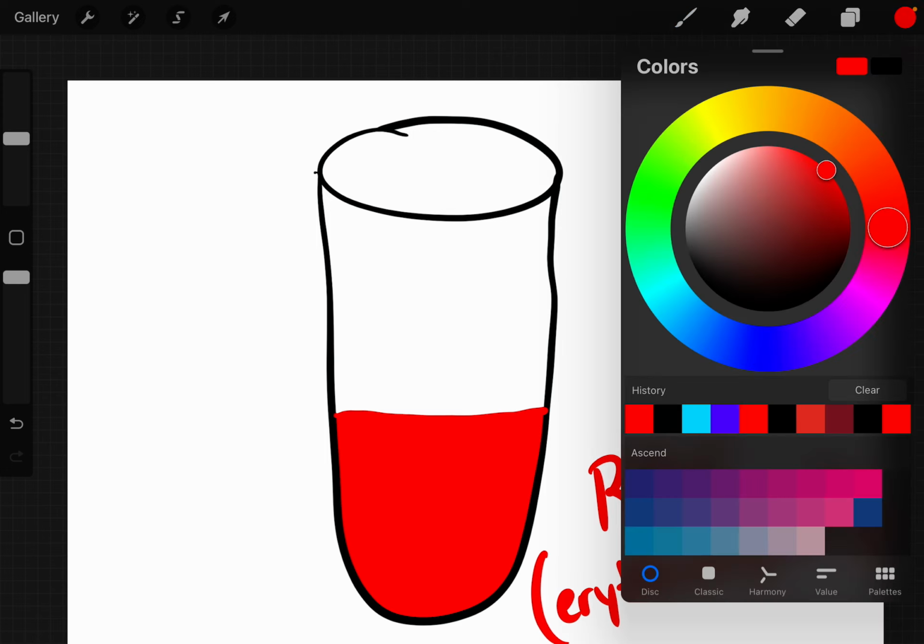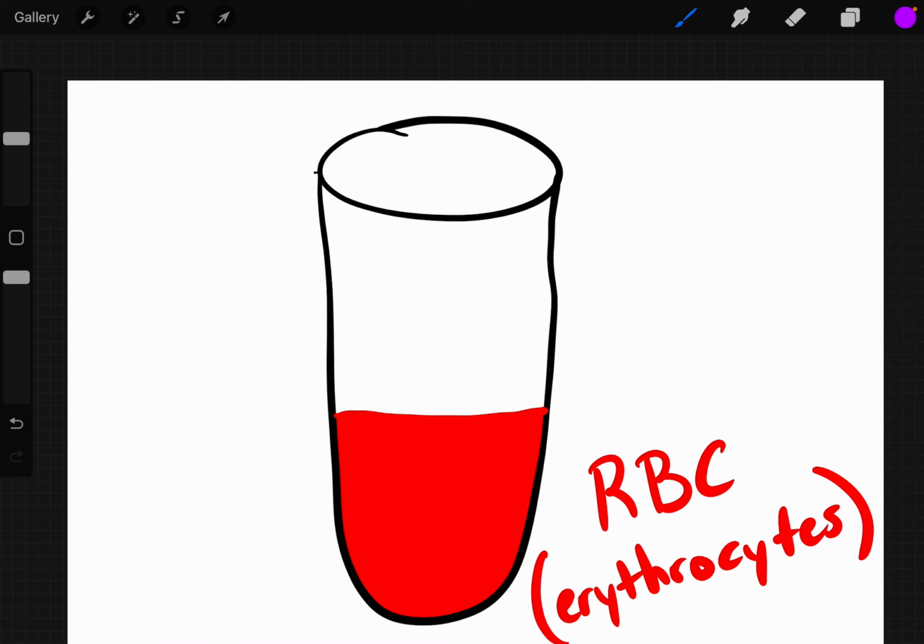Then you'll have a section that I'll just do as purple in the middle. Pretty small section in the middle. This will be where you find the white blood cells and the platelets.